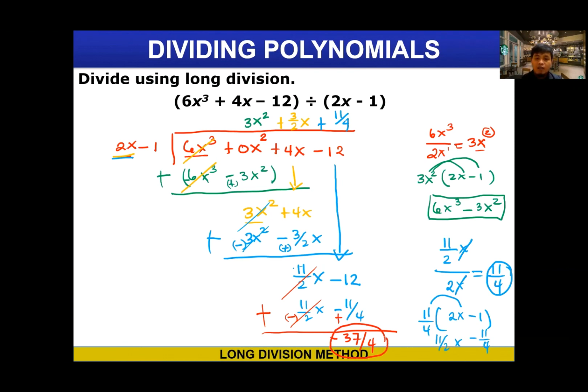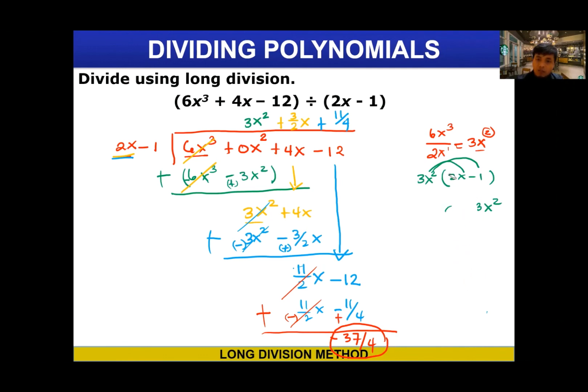Now, how are we going to write our final answer? Let me erase this part. Our final answer will be written like this. Let's rewrite our final answer. Our final answer will be the quotient, which is 3x squared plus 3 halves x plus 11 over 4.